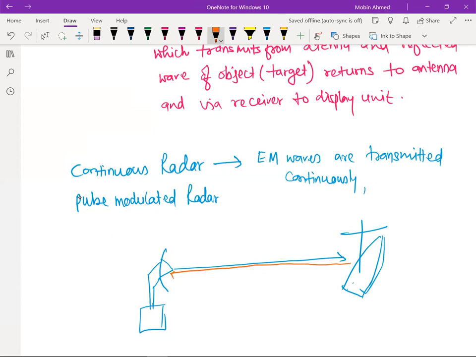So we have a transmitter antenna and a separate receiver antenna. This was used in World War time, and it is no more used now, because it needs two antennas. That was one disadvantage.